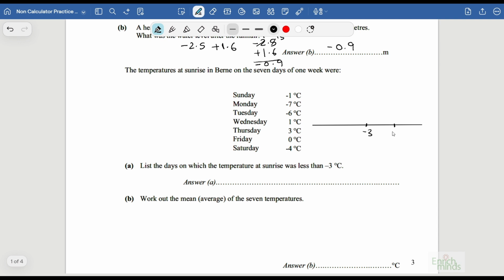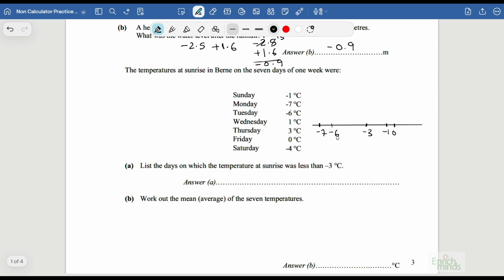Well, there is a 0. -1 is just above 0, so it's not below -3, it's above -3. And then -7 is below -3, somewhere here towards the left side.